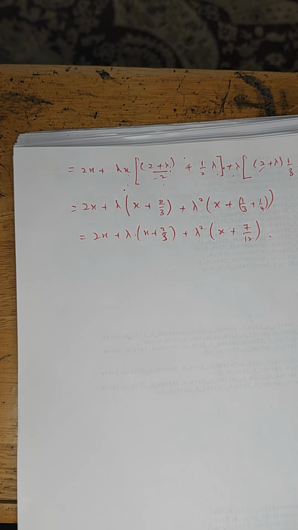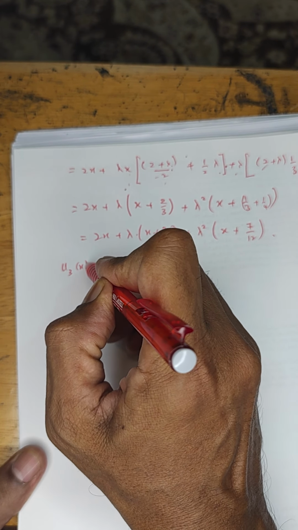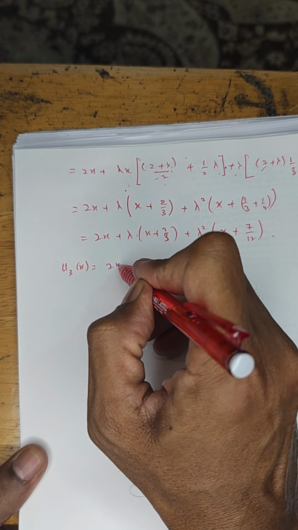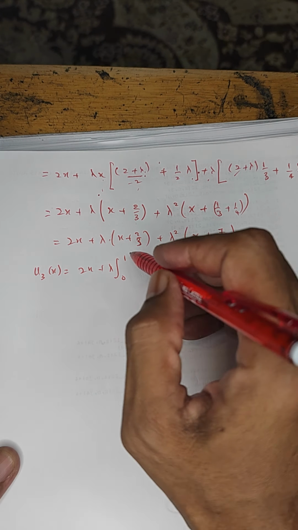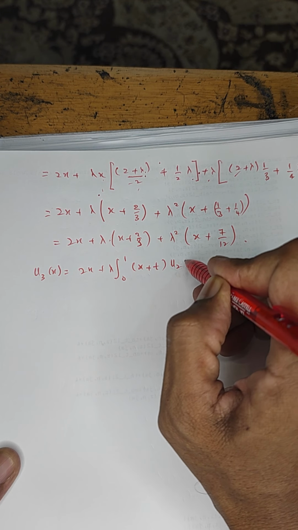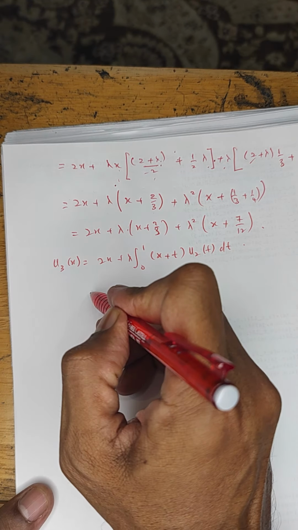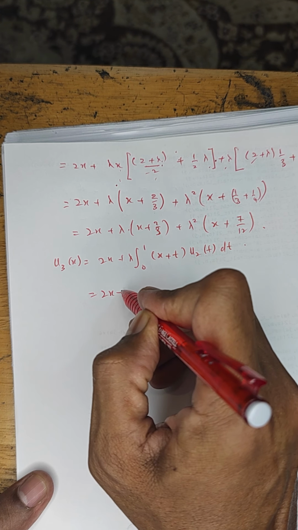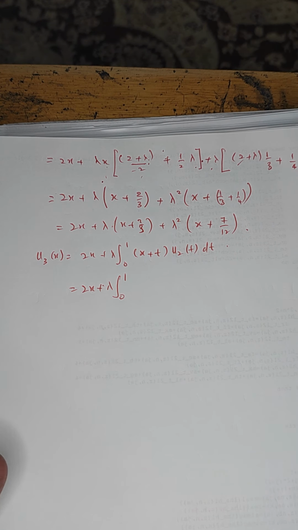That is second order. Then you can find third order u3(x). This is 2x plus lambda integrate 0 to 1. Our kernel is x plus t, u2(t) dt. Keep on doing this. So this is 2x plus lambda 0 to 1.